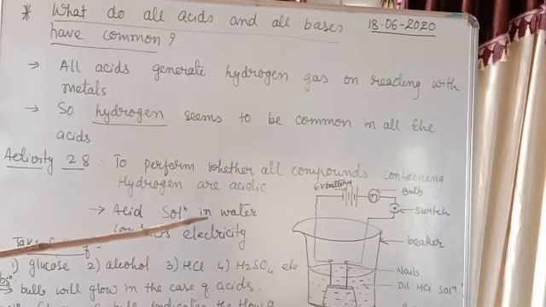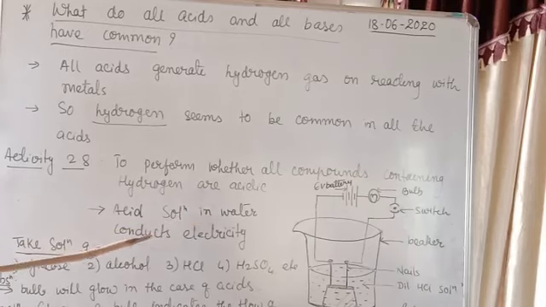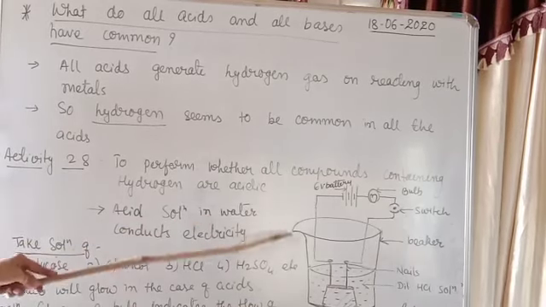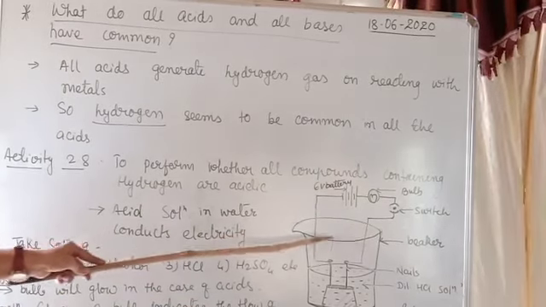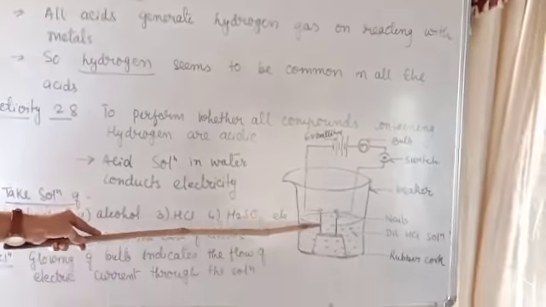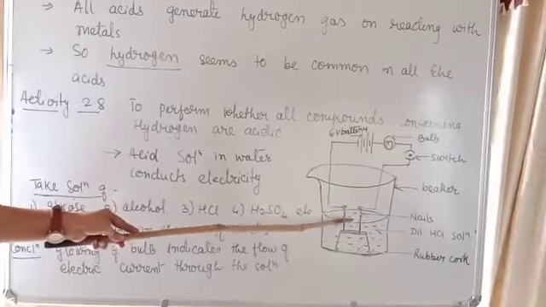This experiment is to show that acid solution in water conducts electricity. Now what is the setup of this activity? This is a beaker with a rubber cork. On the rubber cork we put 2 iron nails.